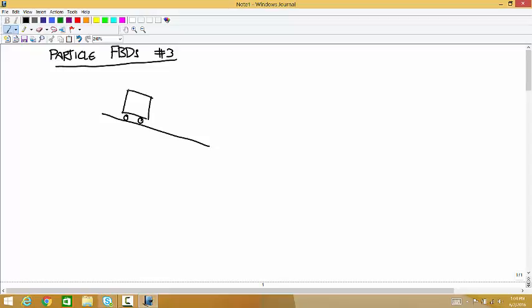Anything with little wheels like that is supposed to indicate that there's no friction, unless it says specifically that those are wheels that have friction. And we have a 300 Newton force here, a 20 kilogram block, and a 7 kilogram cart.